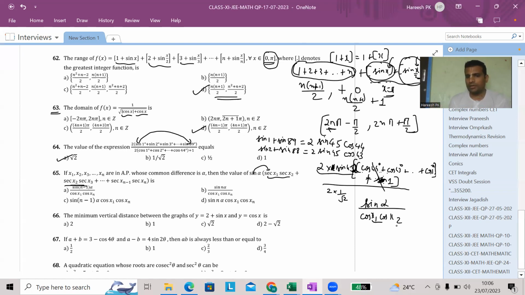Because denominator has X1, X2. So here also, sine alpha I'll write as x2 minus x1. Now use the formula sine A cos B minus cos A sine B. So you'll get sine x2 cos x1 minus cos x2 sine x1.